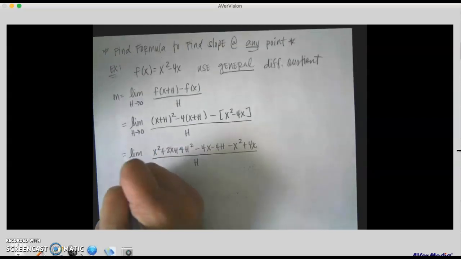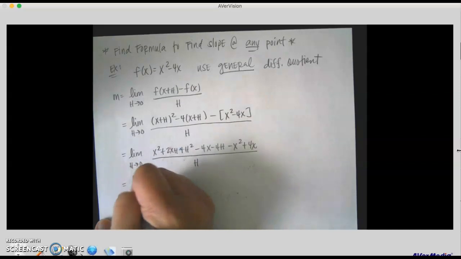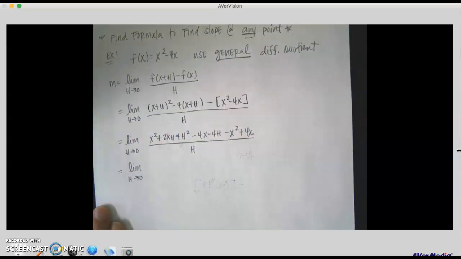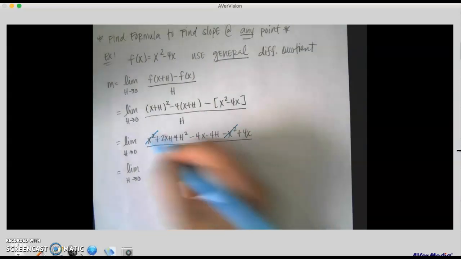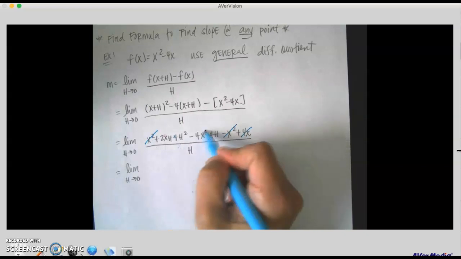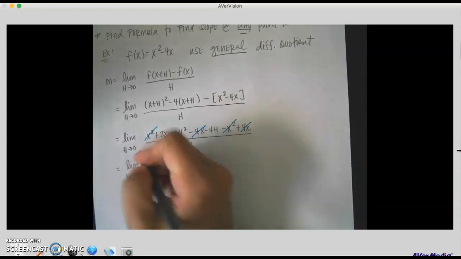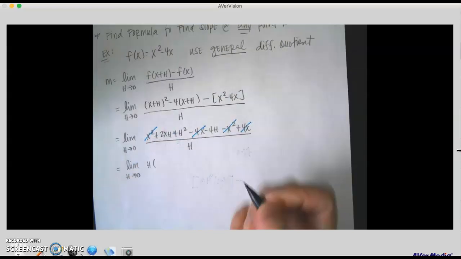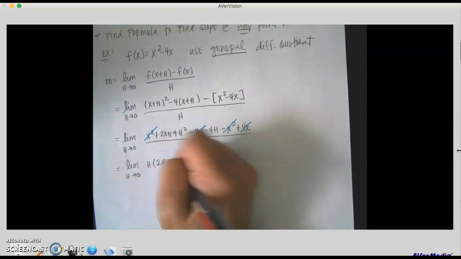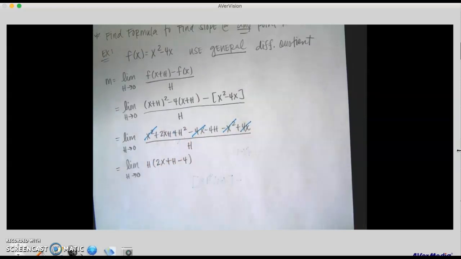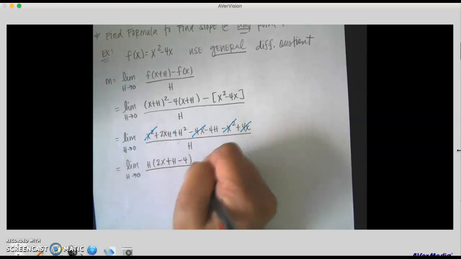We're almost there. It gets very long. So we can see that the x squares are going to cancel, and the 4x is going to cancel. So all the terms that are left have an h in there, which is again what we want to take out. So remember, you need to show that. And you just write it in the order of whatever's left over.